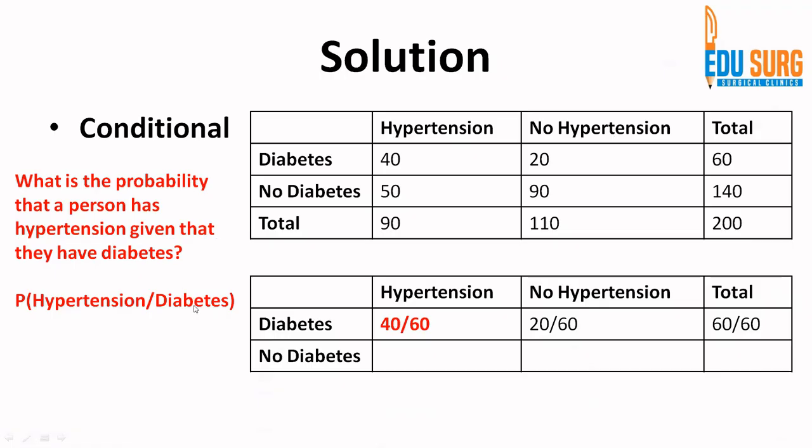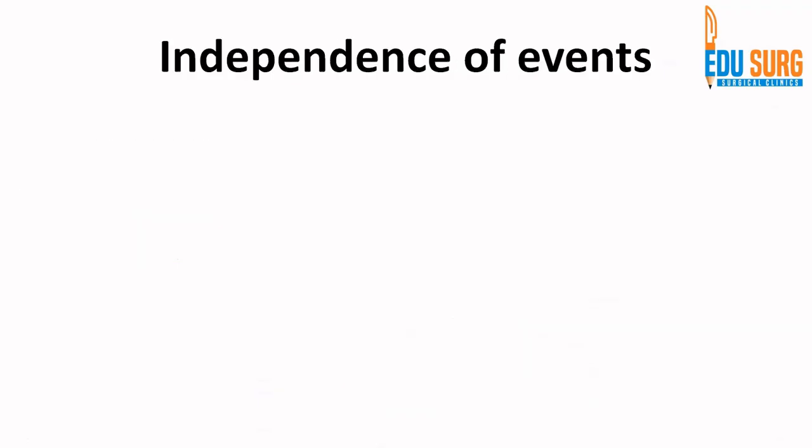So this given condition becomes the denominator. The total probability will be 60 by 60, so divide everything by 60. And the probability of a person having hypertension, given that the person has diabetes, is 40 by 60. Right? So very easy to solve the first few questions.